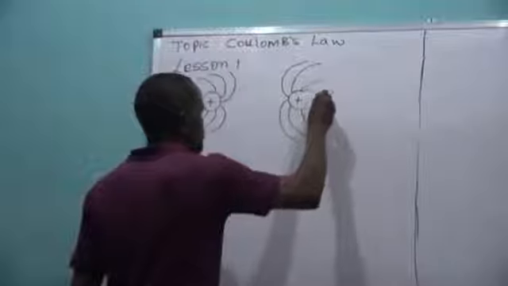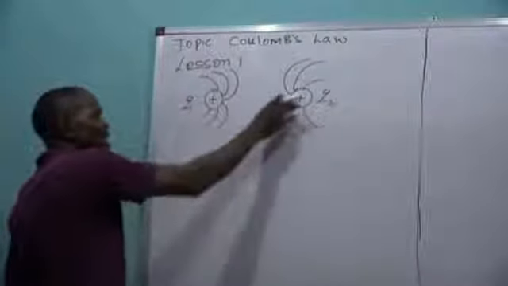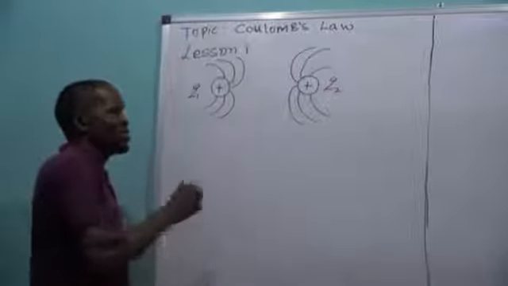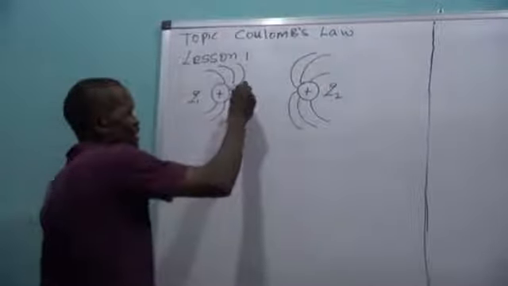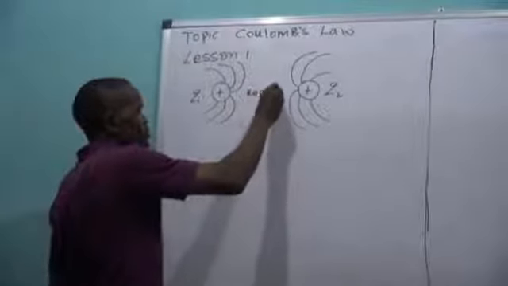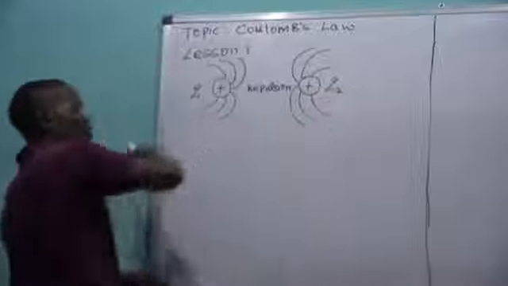This is Q2. But these two charges are like charges. They are like charges, so there will be a repulsion. There's a repulsion that pushes this one away.